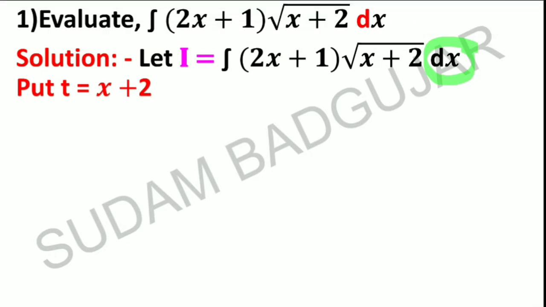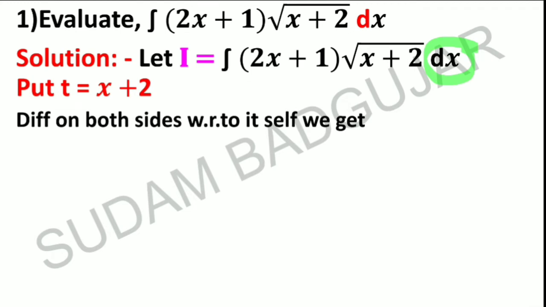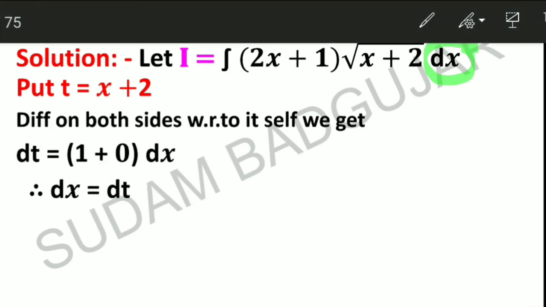It's very simple, just differentiate with respect to itself: dt is equal to derivative of x, which is 1, plus derivative of 2, which is 0, into dx. So dx is equal to dt. We want this value dx.